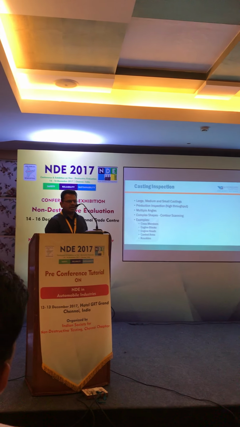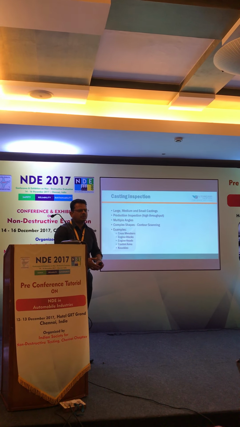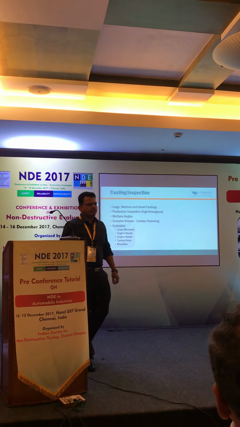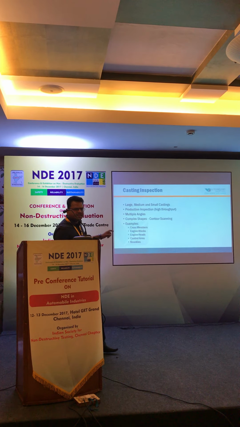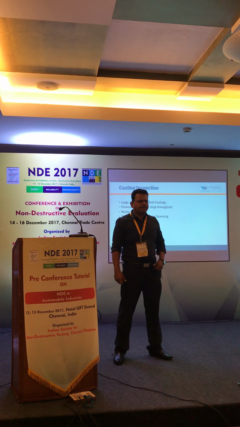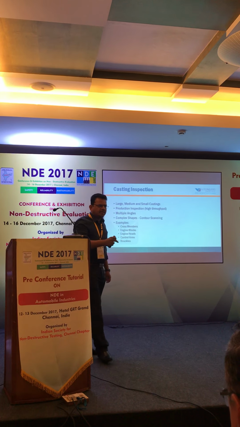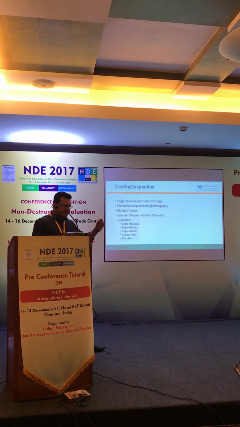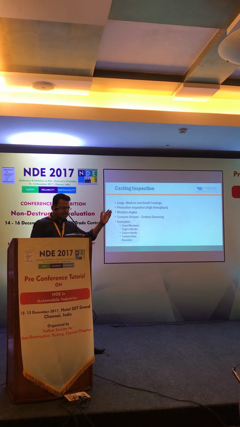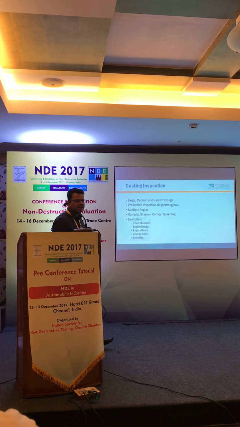So with multiple angles, the robot, with the latest advanced robot programming and the detector, takes multiple angle shots of complex shapes, with contour scanning, which involves the LDA maintaining the same thickness around the part. I'm showing the next slide, a frame where the LDA technology scans the entire image with the same thickness. Some examples are cross members, engine blocks, engine heads, control arms, and knuckle joints.